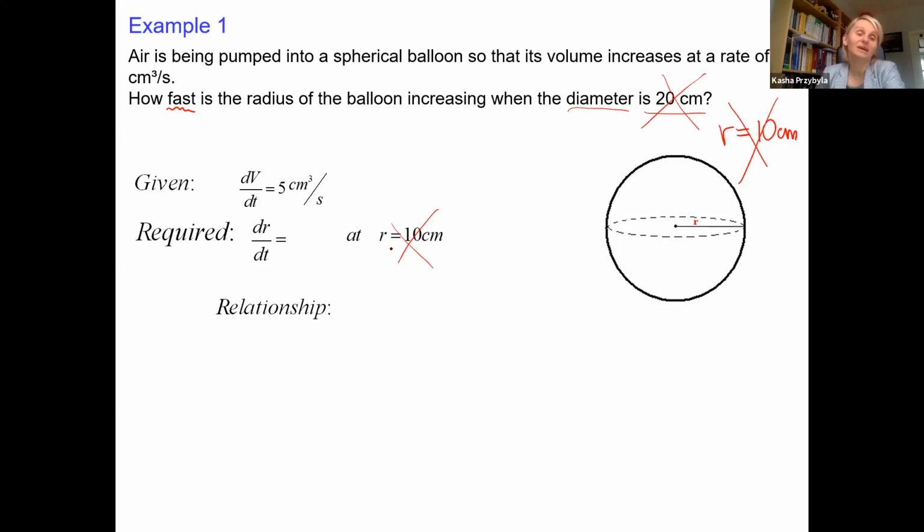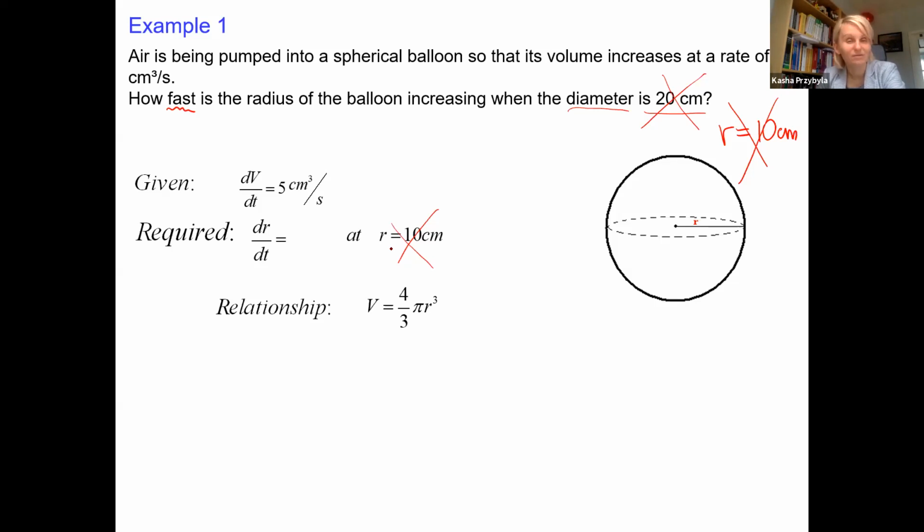In this case, how can I relate the given and the required information? Volume and the radius. This is probably the type of question where we have to know the volume formula. If you have this shape, which is not really complicated, the volume of the sphere, the volume of the cone, maybe we will give it to you.